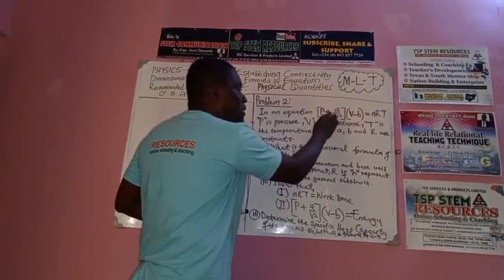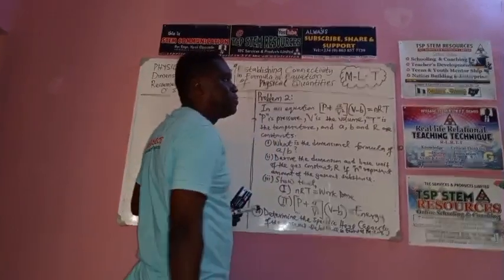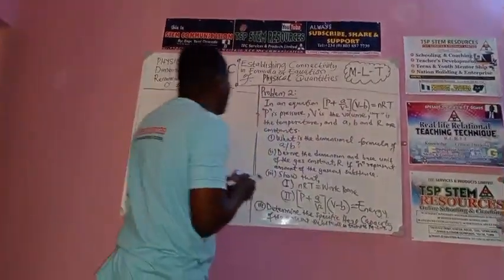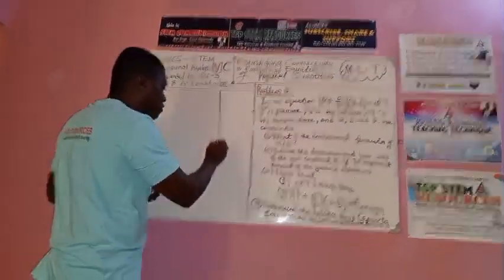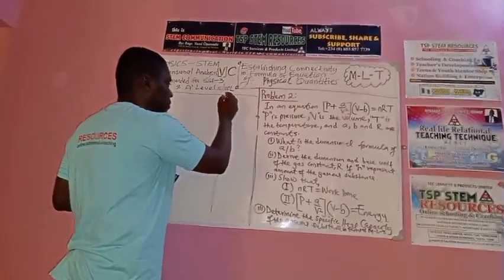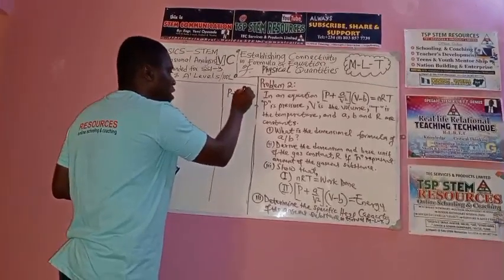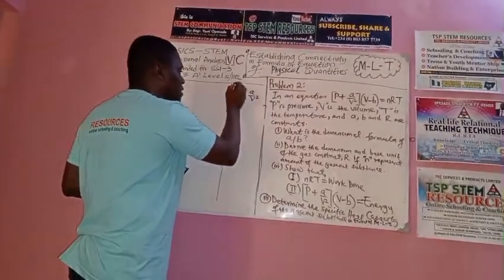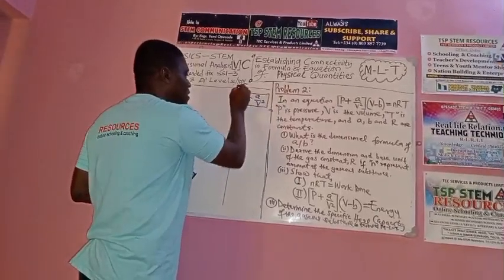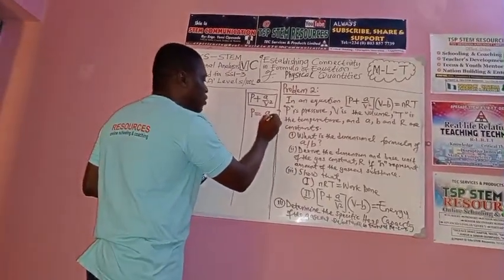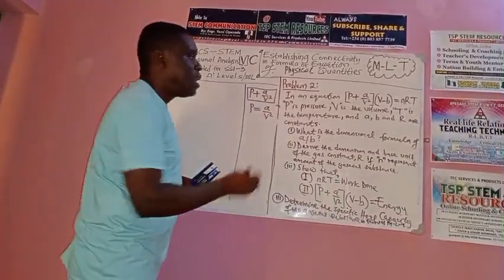You cannot add two things if they are not of the same dimension, if they are not equal. So the first thing I will write out is that for P plus a over V squared to exist, it means that P is equal to a over V squared. Please take note of that.